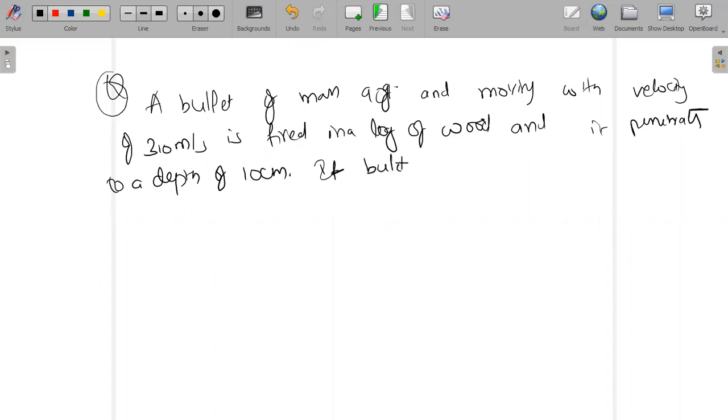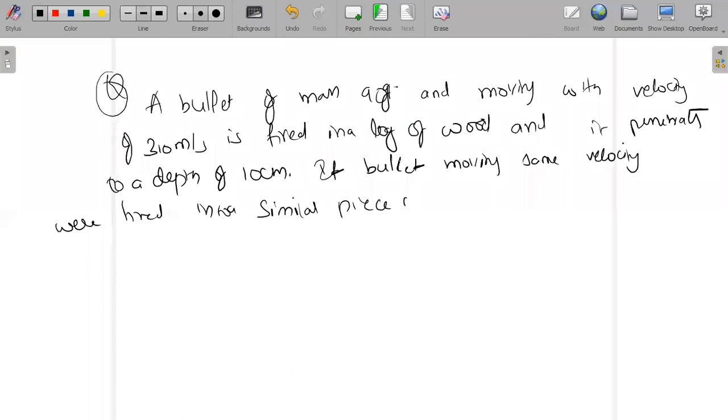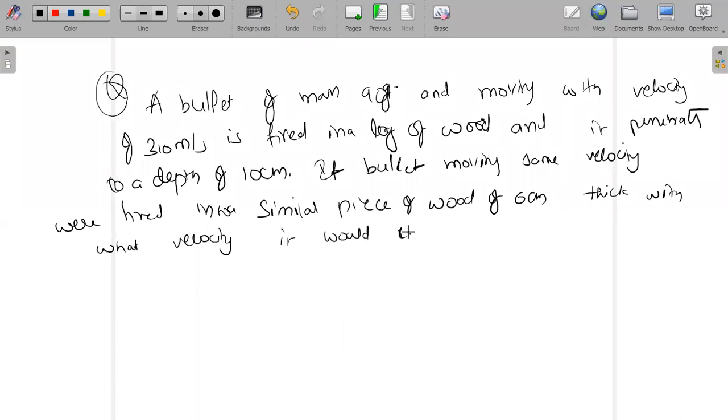If the bullet moving with the same velocity were fired into a similar piece of wood of 6 centimeter thick, with what velocity would it emerge? Find the force of resistance assuming uniform.